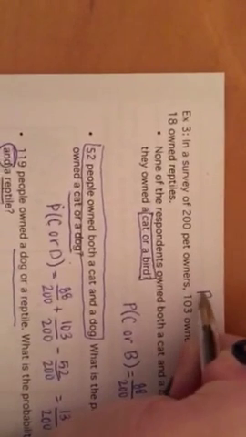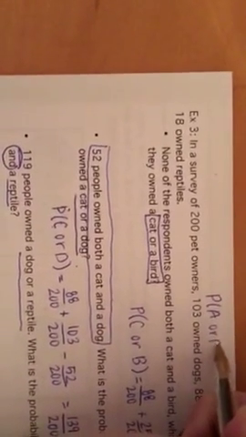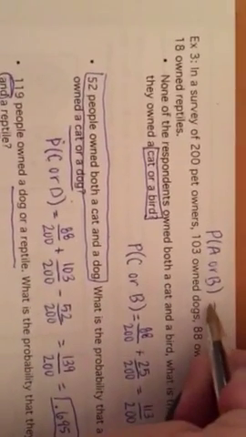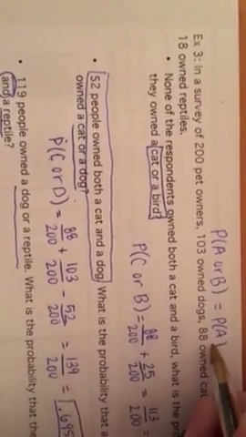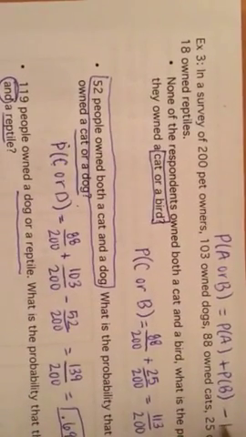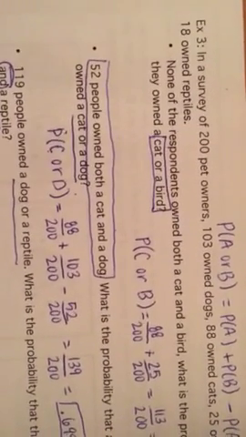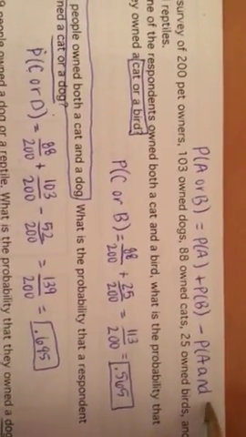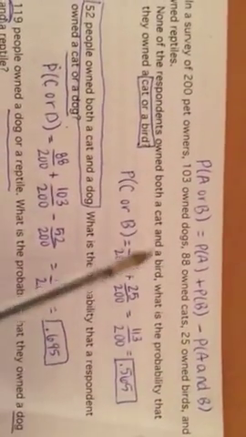Let's look back to our formula. I'm going to write it up here since it's on the front. Probability of A or B equals the probability of A plus probability of B minus the probability of A and B. That was my formula from the front of the notes.